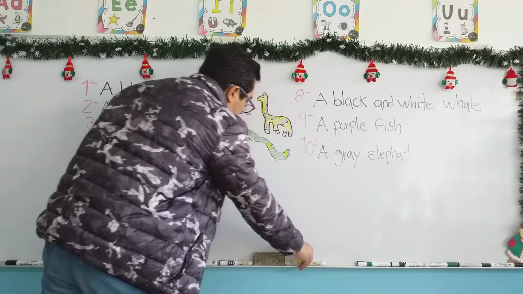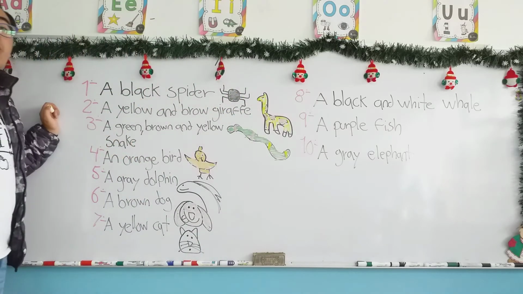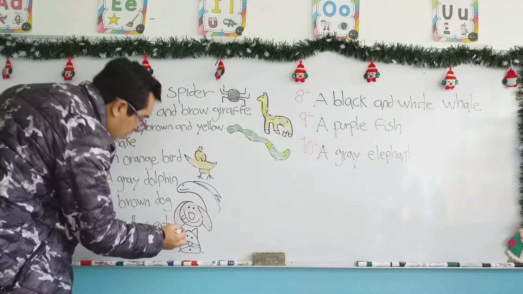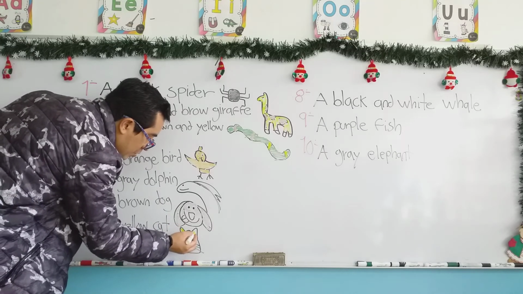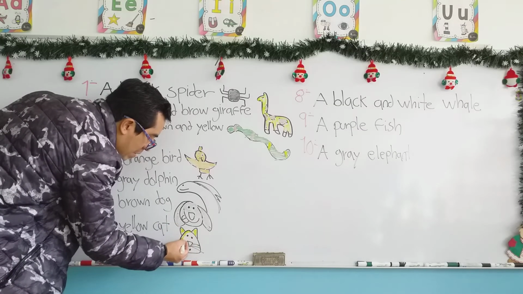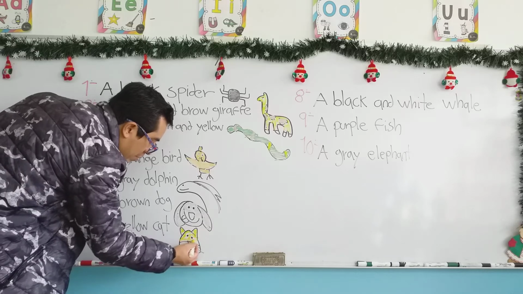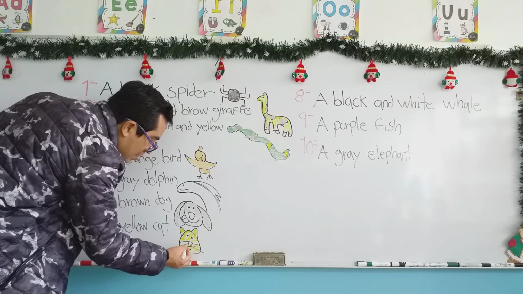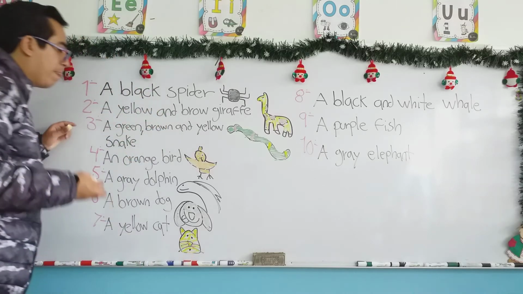Once again, if you want to draw the whole body of the cat, there is no problem. If you just want to draw the head of it, once again, no problem.